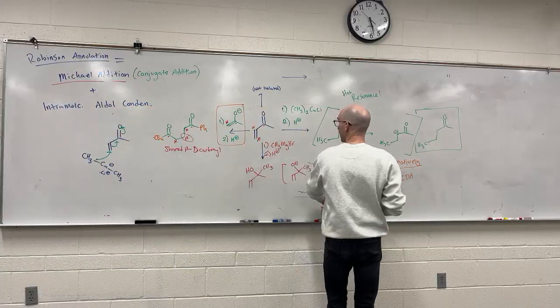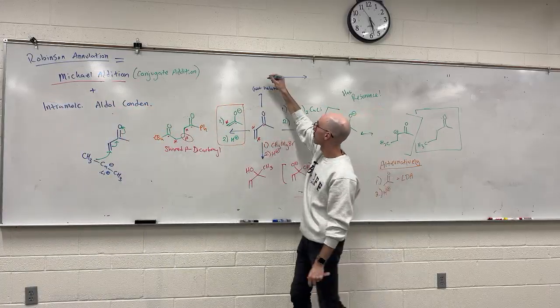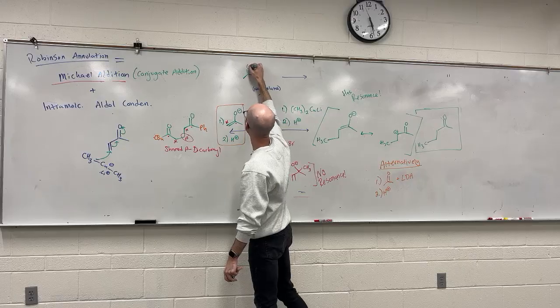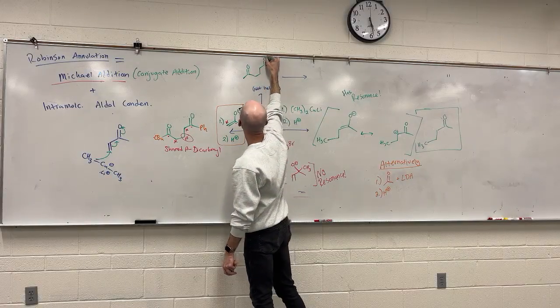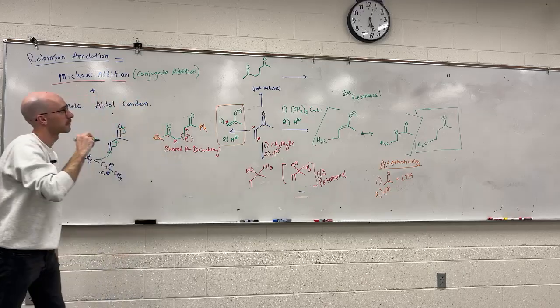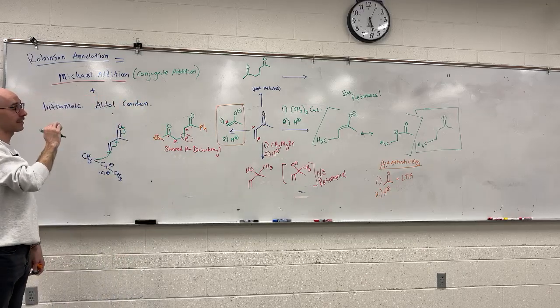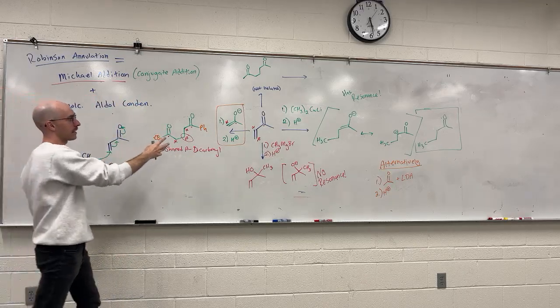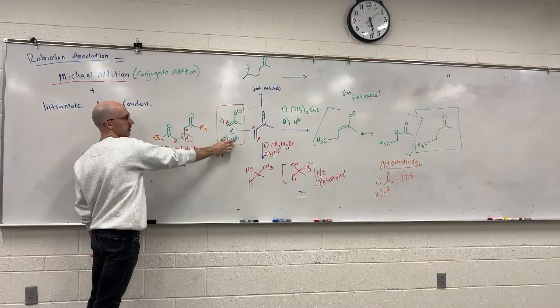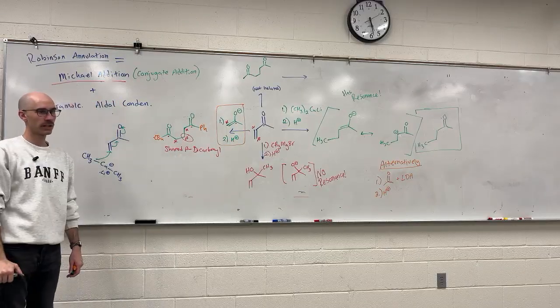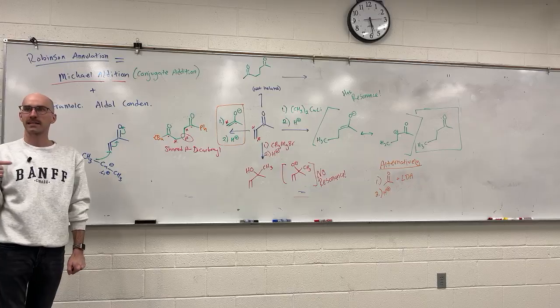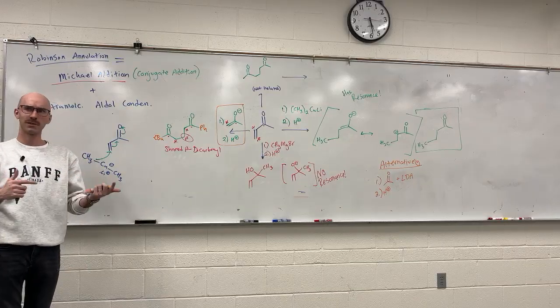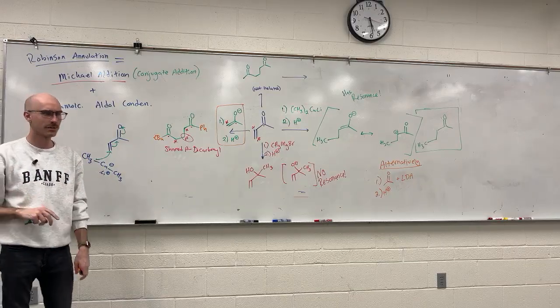And that's because if I do create something like this, especially in the way that it's already negatively charged before the acid workup, the enolates can reform. Enolates can do acid-base chemistry with each other.